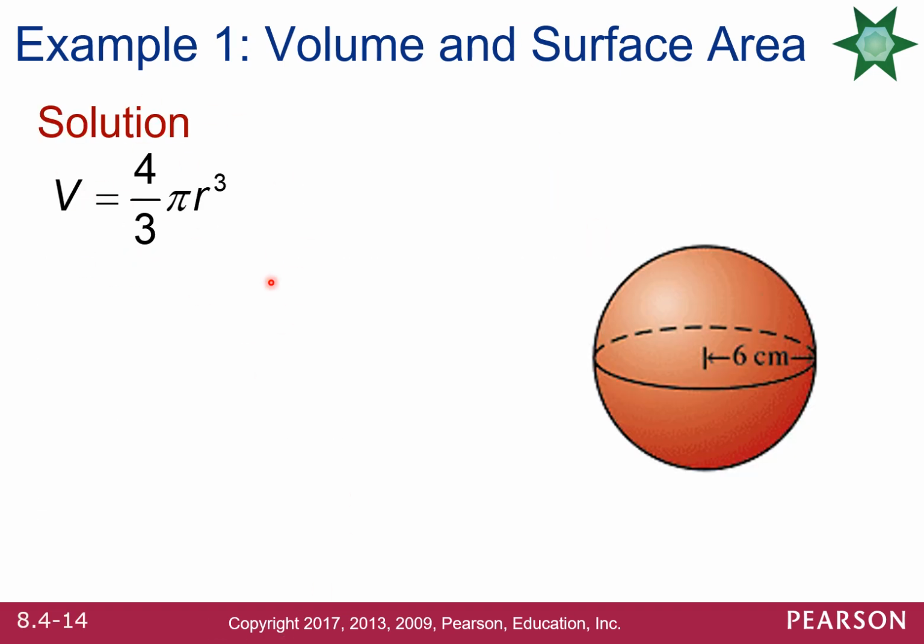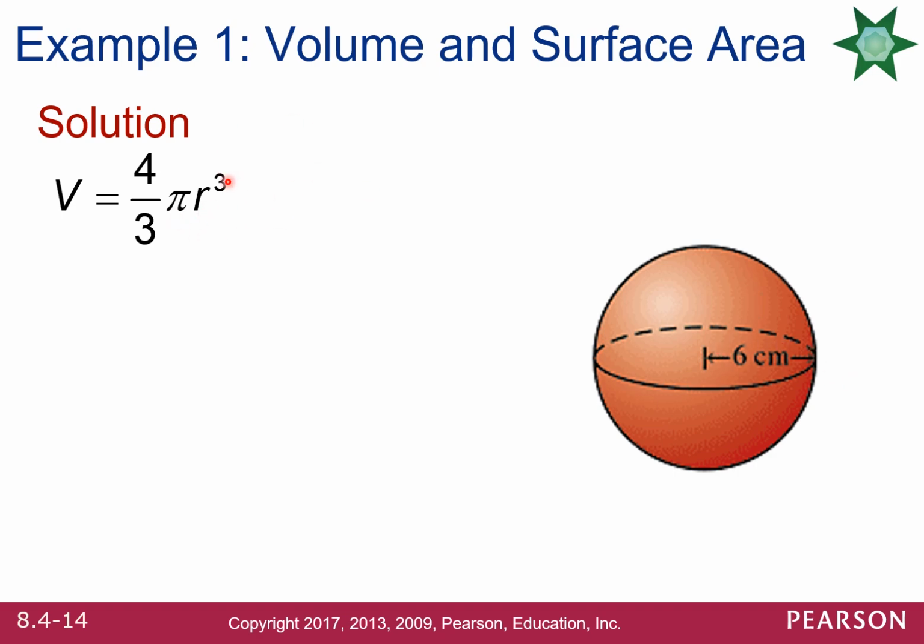So now let's see how the calculation is done. The volume of a sphere is 4/3 times pi r cubed. So we plug in the values. Pi is a constant number, but r has a measure of 6, correct?